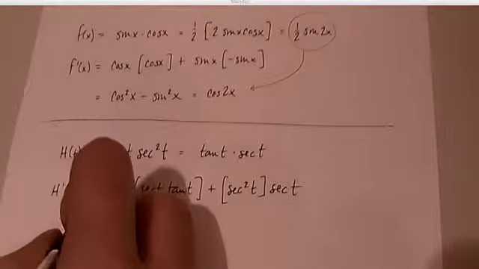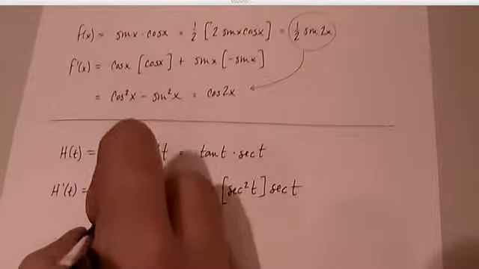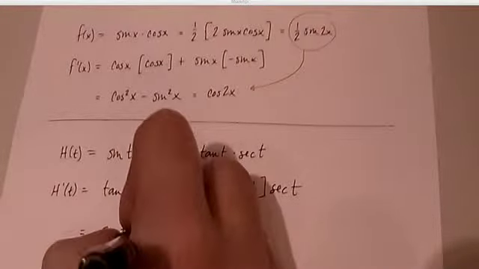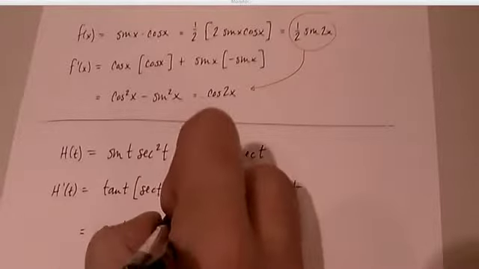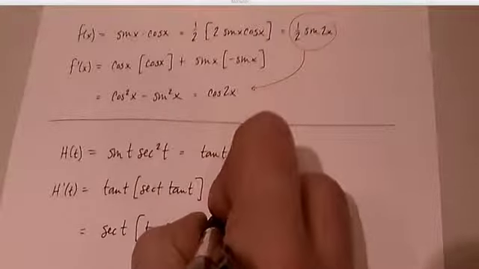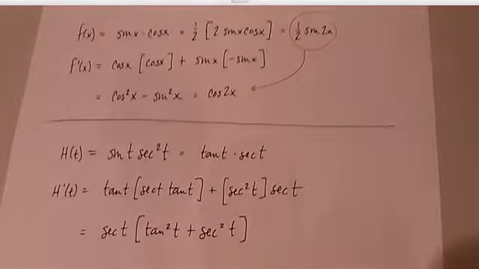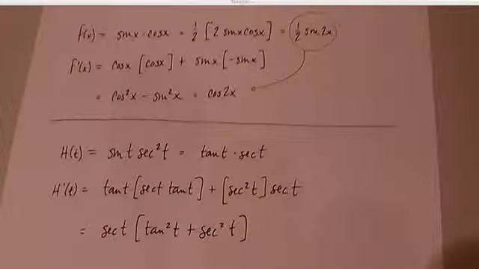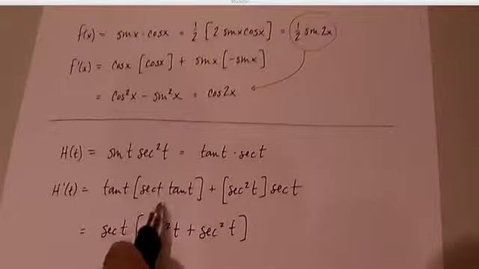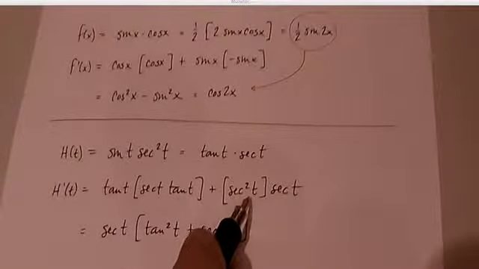Well, I don't really have to, but I can pull out a secant t if I want, and that makes tangent squared t plus secant squared t, and that's not an identity, but you could probably change the form a little bit more and get it closer to what you want it to be. You could do it in terms of a denominator, because both of these terms have cosine cubed in the denominator.